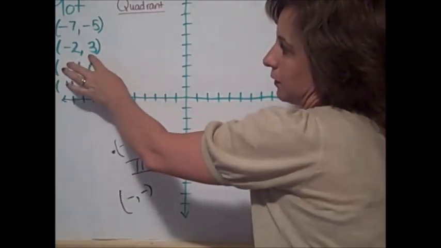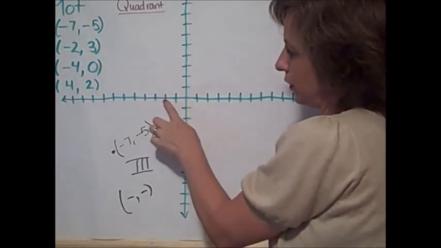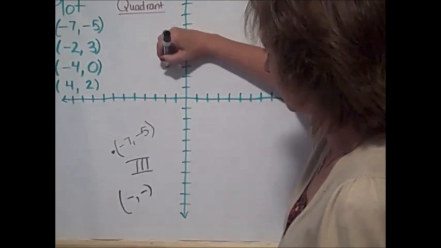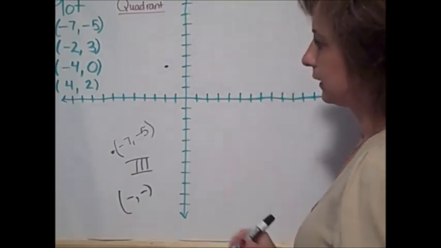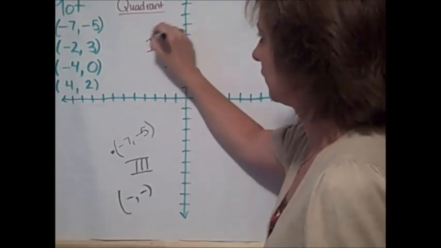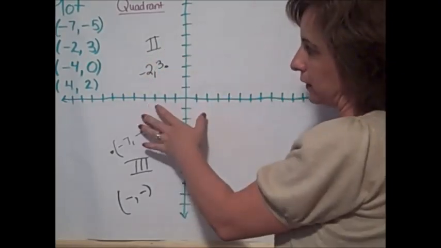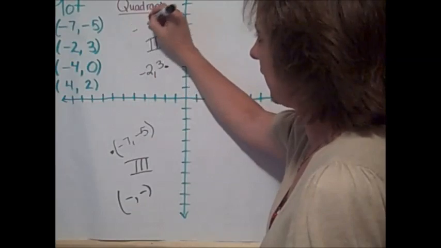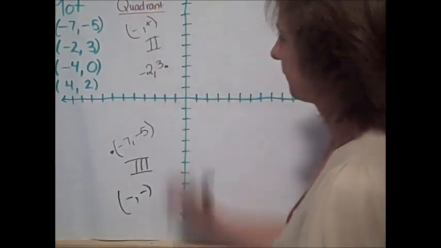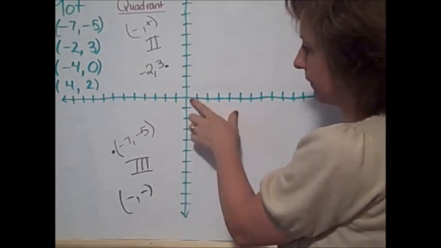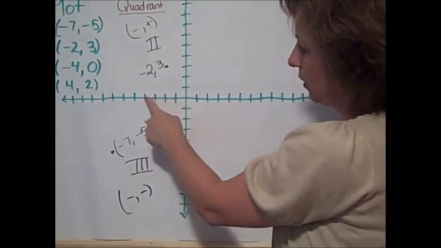2 sets of negative numbers will always be plotted in quadrant 3. Negative 2, 3. Over to negative 2, up to 3. This is in quadrant 2. Negative 2, 3. And every point in quadrant 2 will be negative, positive. Negative 4, 0. 1, 2, 3, 4.